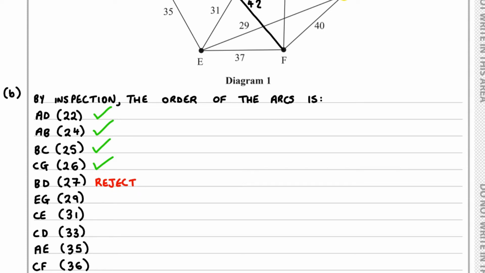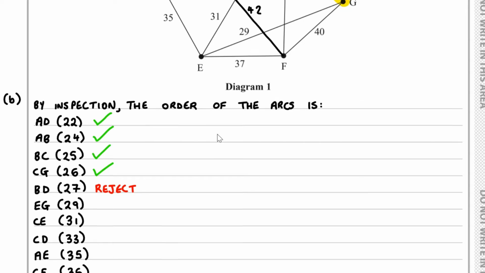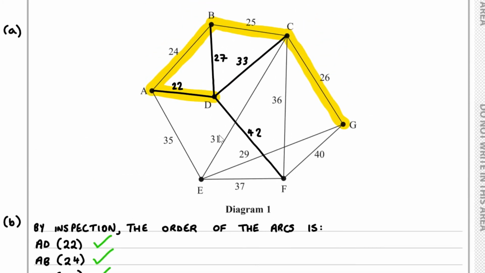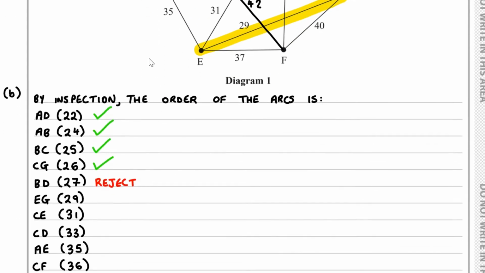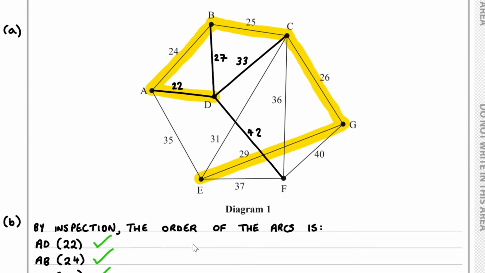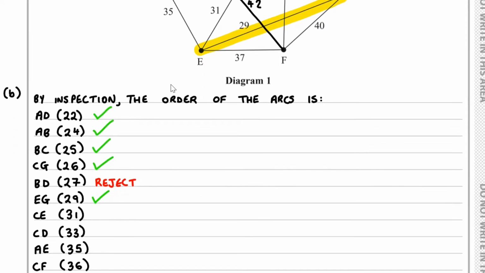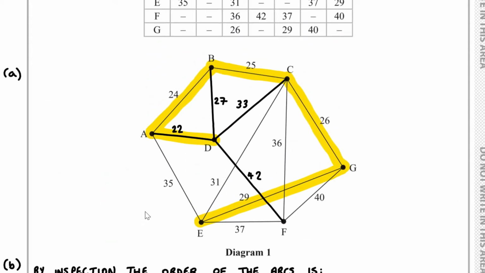Then we have EG. That's this over here. And let's tick it off. Then we have CE. This would form a cycle, so here we would have to reject CE. Then we have CD.